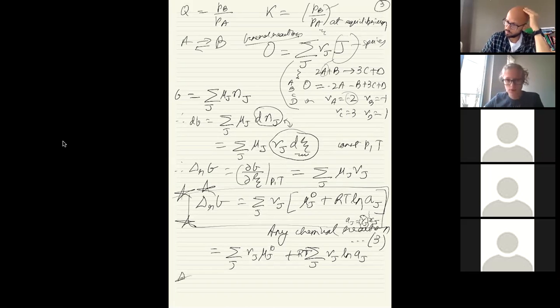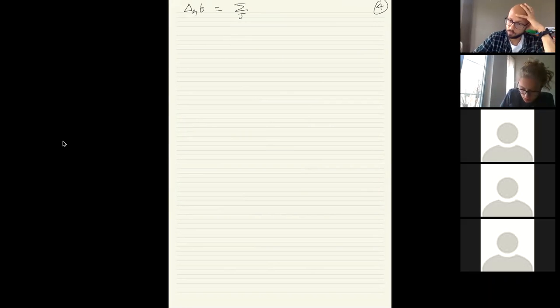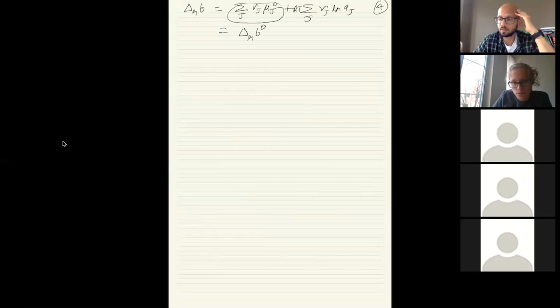Let's go to the next page and start from this one. So what do we have so far? We have delta RG is equal to the summation over all species of nu J mu J naught plus RT nu J ln AJ. So we are going to call this delta RG naught, right? This is the reference value.